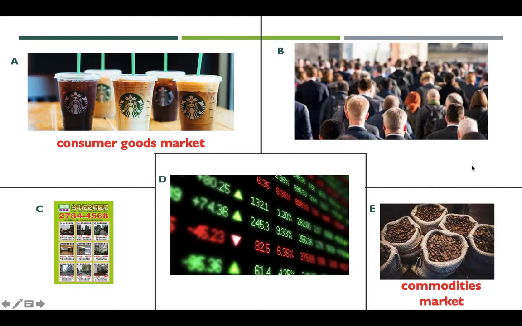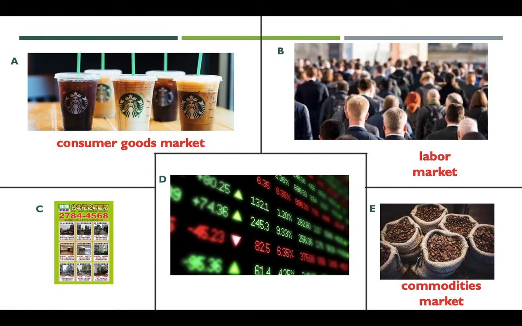Now let's go to picture B. In picture B, you see a lot of business people in suits, right? So obviously this is the labor market, and we are especially talking about human labor. Picture C, this is a common ad we usually see on the street, right?